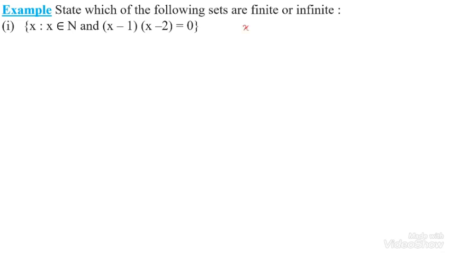Then x minus 1 is equal to 0 and x minus 2 is equal to 0. While solving this, x is equal to 1 and x is equal to 2, such that x belongs to natural numbers. We know that 1 and 2 both are natural numbers. Therefore, the first example is a finite set.